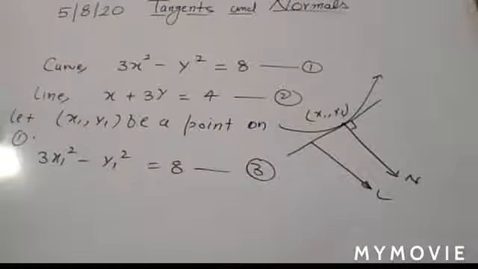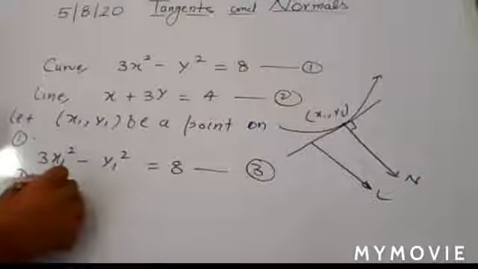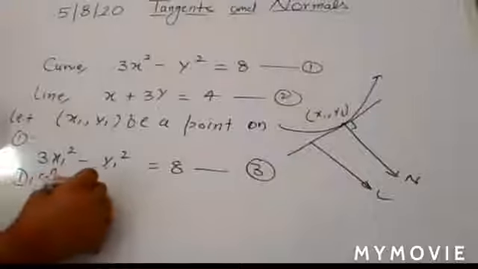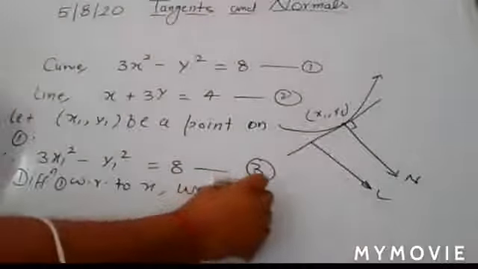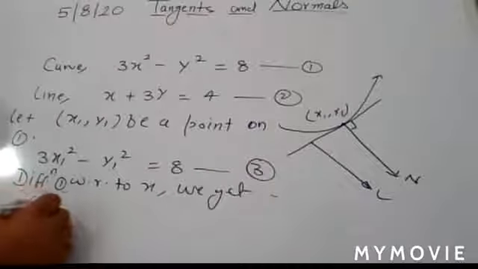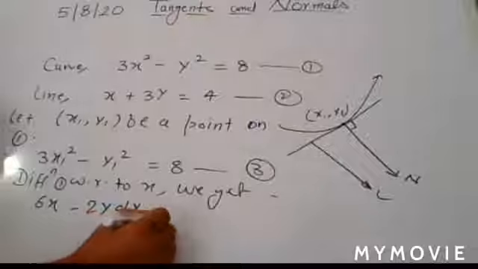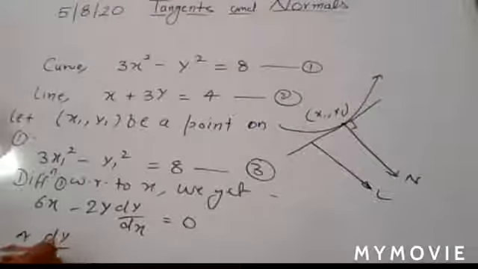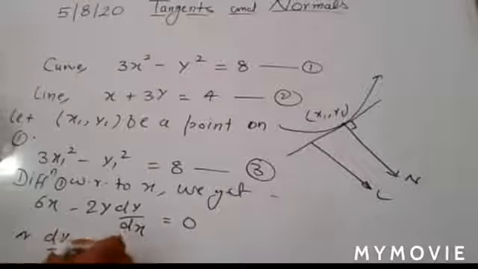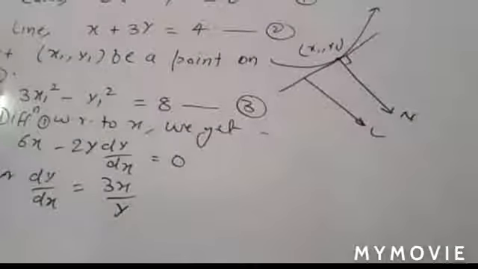Now differentiate 1 with respect to x. We get 6x minus 2y dy by dx is equal to 0. So the value of dy by dx is equal to 3x upon y.